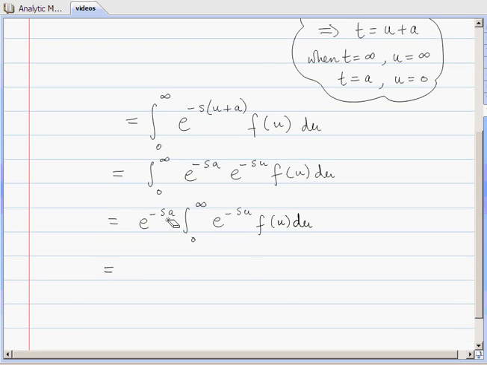So we have the product of e to the minus sa with this integral here. But consider this integral carefully. This is nothing but the Laplace transform of the function f. The integral from 0 to infinity of e to the minus s u times f of u du. Now we normally quote this definition using the variable t. Here we see the variable u appearing, but either t or u in this case is just a variable of integration.